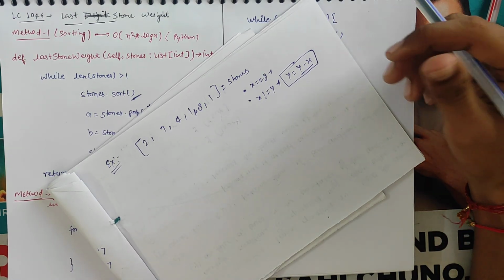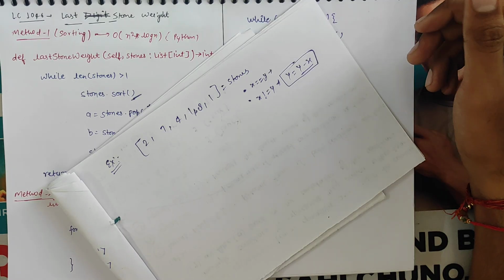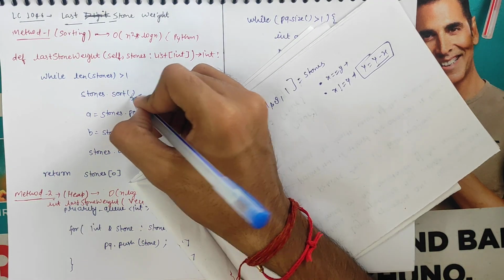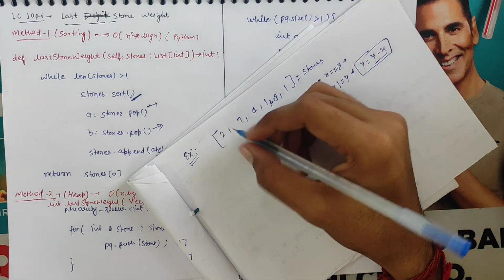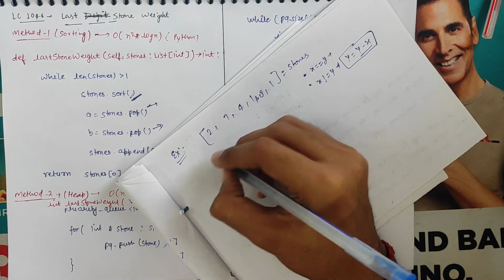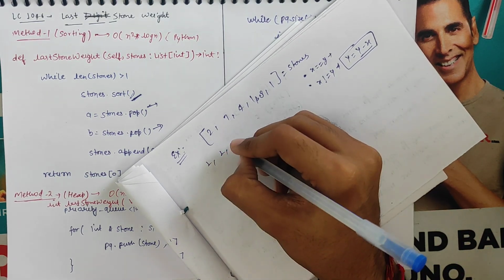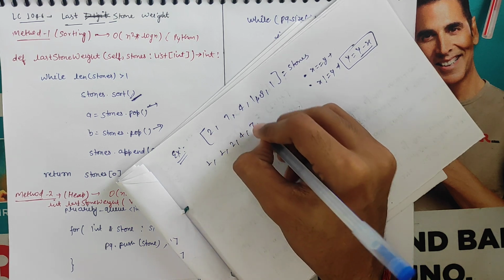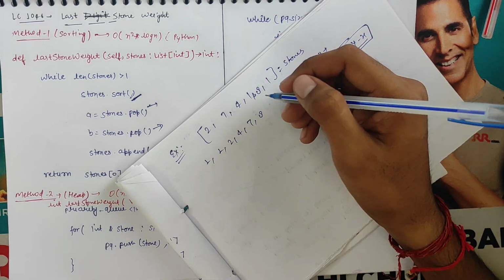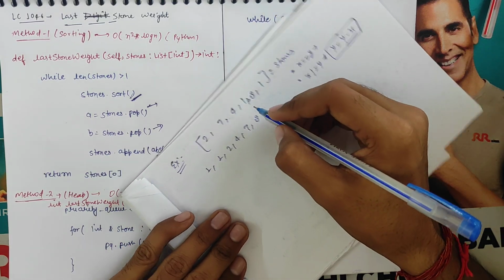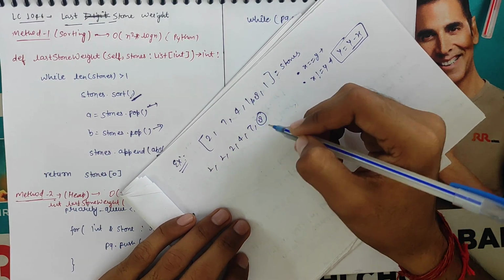The first method is sorting. First we sort the array. After sorting the array it is 1 1 2 4 7 8. Now we pick the largest element, the heaviest stone, from the last.